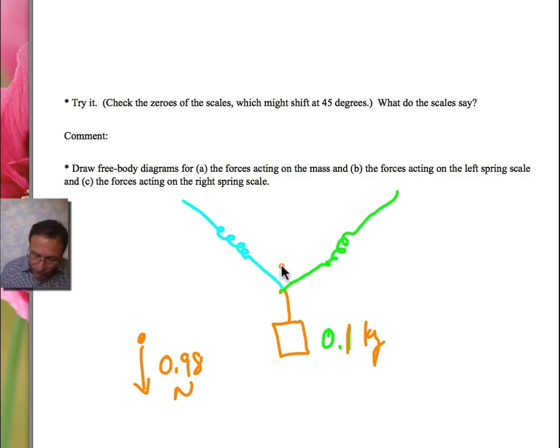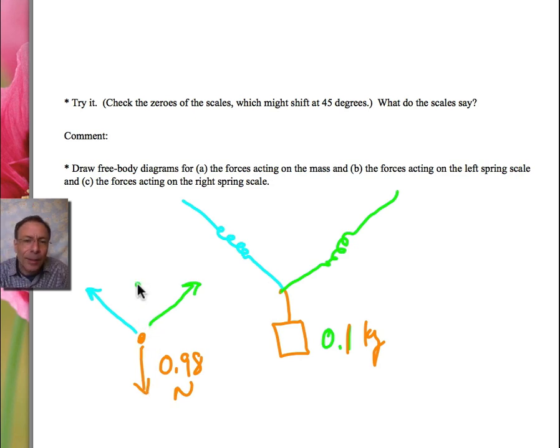To figure this out, it becomes a trigonometry problem, because you want the force vector of this spring combined with the force vector of that spring, this plus this, to be the negative of 0.98.